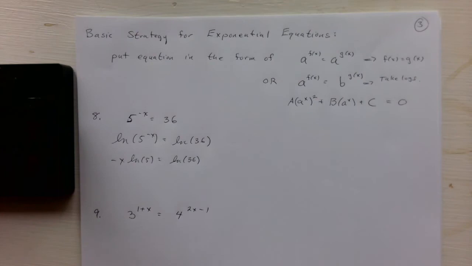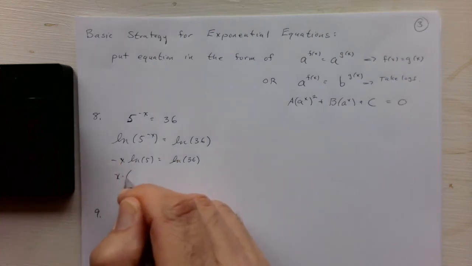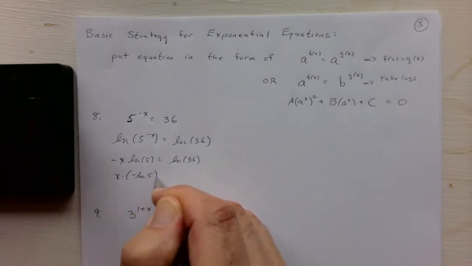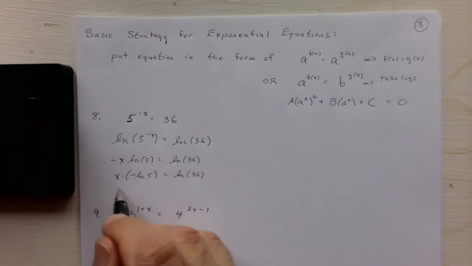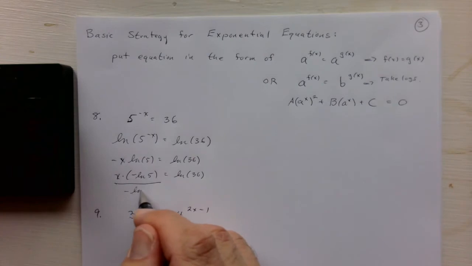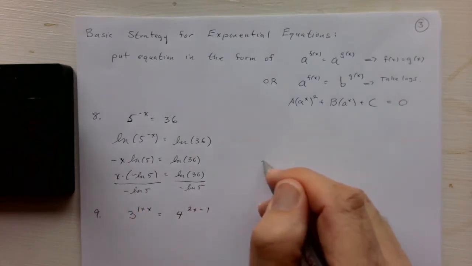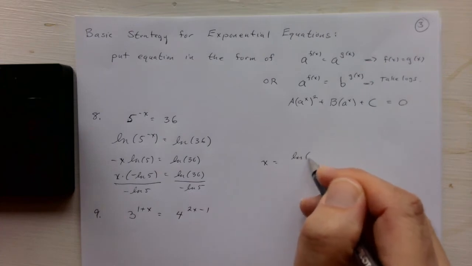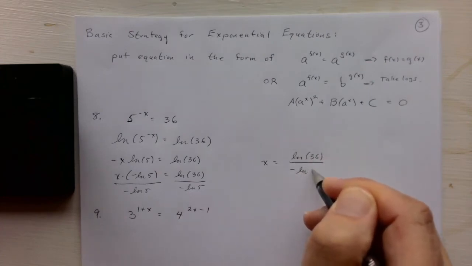What we have is minus x times natural log 5. That's the same thing as x times minus natural log 5. And then we can just divide by minus natural log 5. So x will be the natural log of 36 divided by minus the natural log of 5.